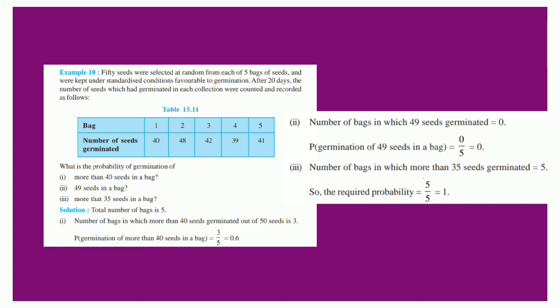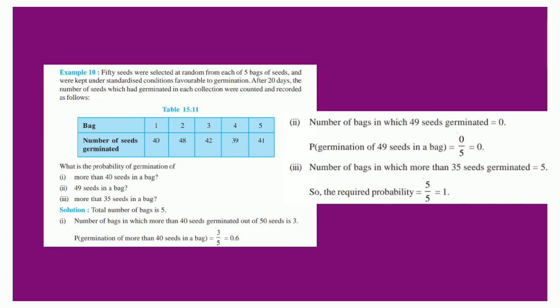What is the probability of germination of: 1, more than 40 seeds in a bag; 2, 49 seeds in a bag; and 3, more than 35 seeds in a bag? There are 5 bags, and the number of seeds germinated is given.